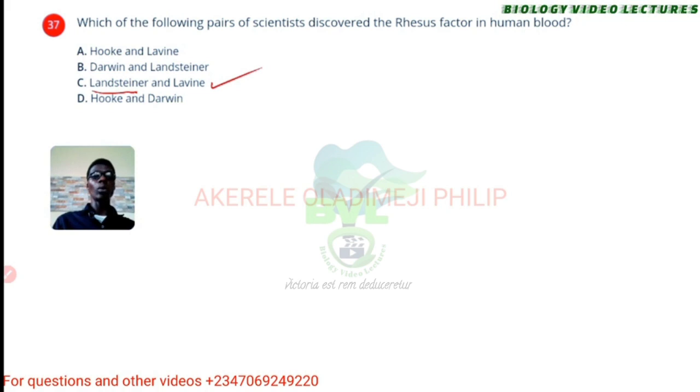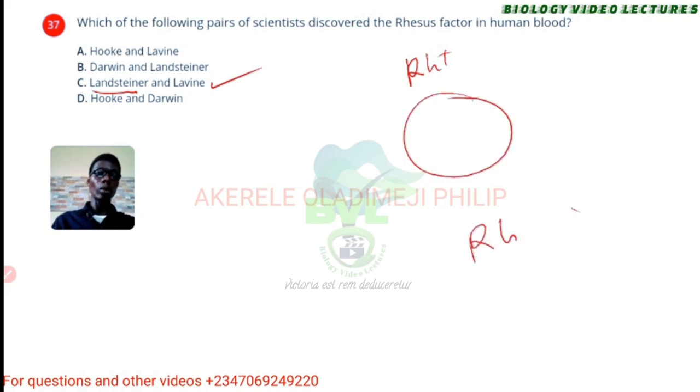Rhesus factor is Rh positive, which means you have it, or Rh negative, which means you don't have it. The difference between rhesus factor and ABO blood group is that for rhesus factor, you don't have a corresponding antibody. No antibody. All right. That's one thing you need to know.